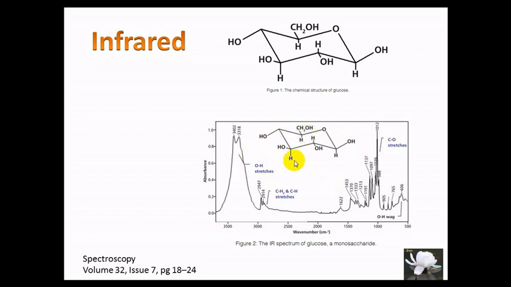This graph is a spectrum of glucose. These signals represent the vibrations of atoms that are contained in the functional groups of molecules. For example, the signal for the hydroxyl group is broad.